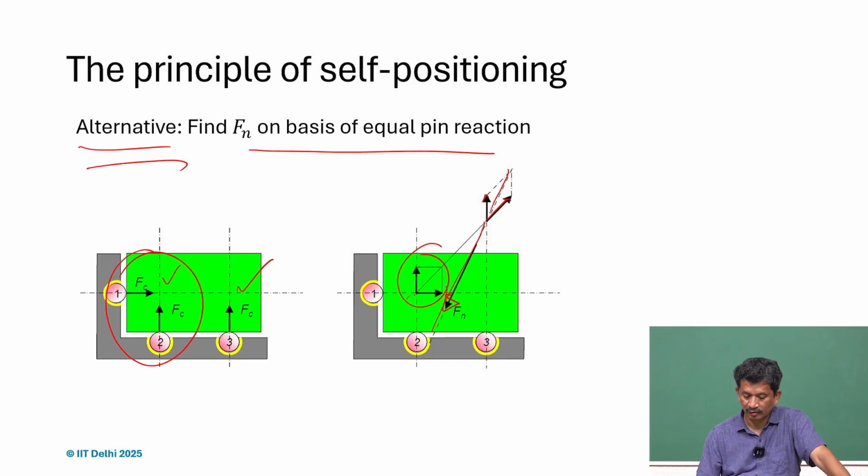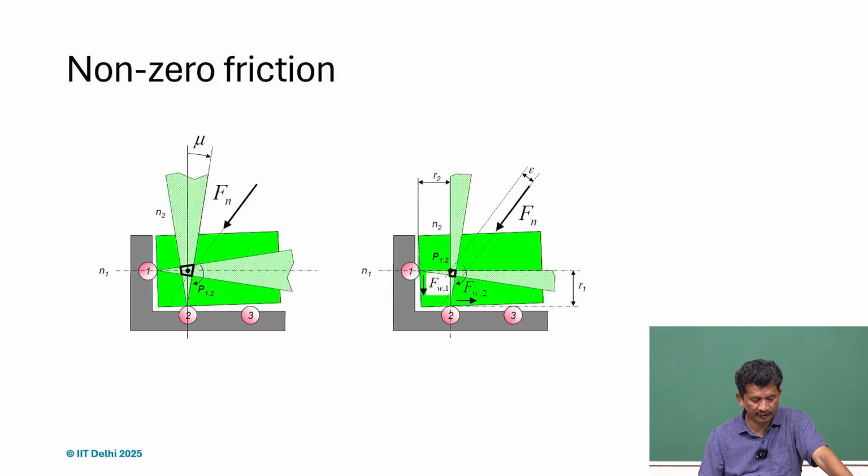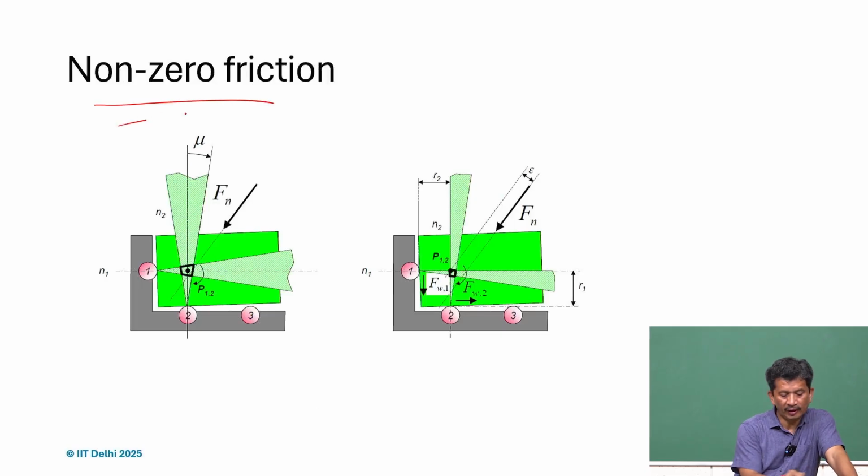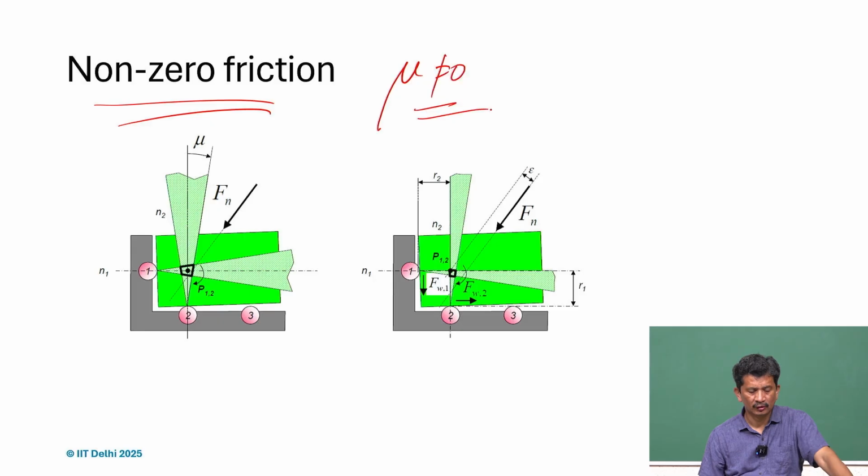So again, there is no friction involved here. So very clean picture. What will happen if mu is not 0? So all these diagrams what we have, actually it will also change.